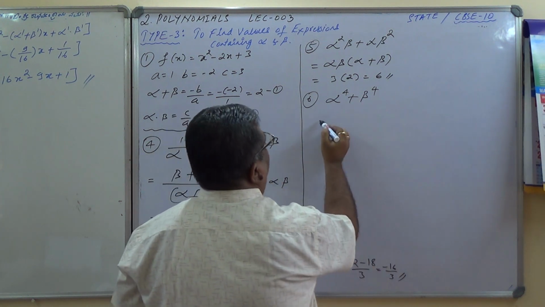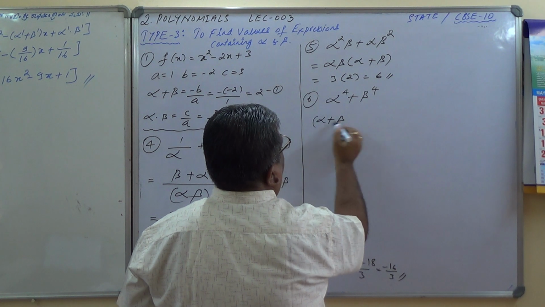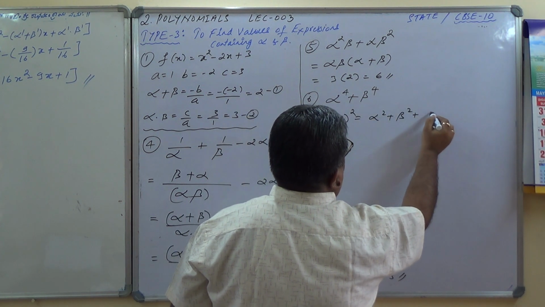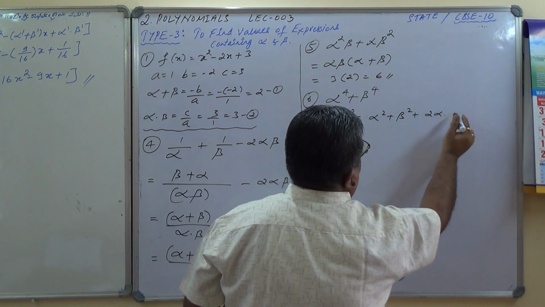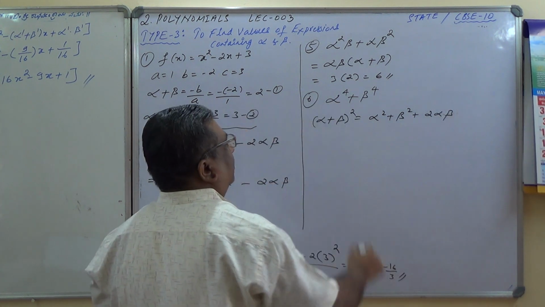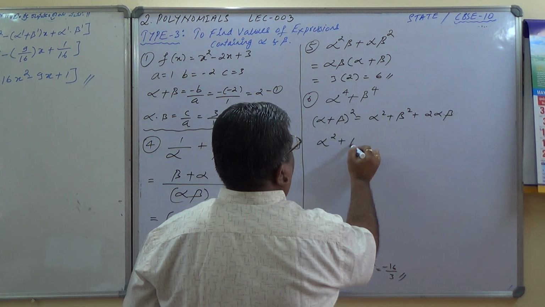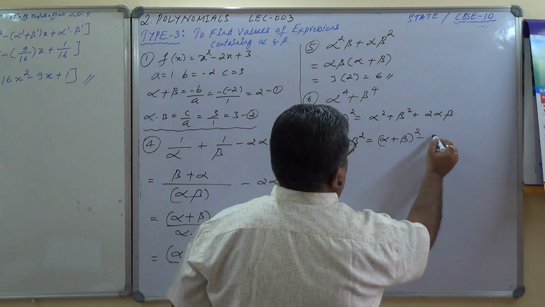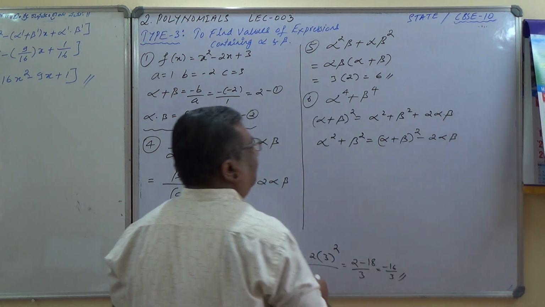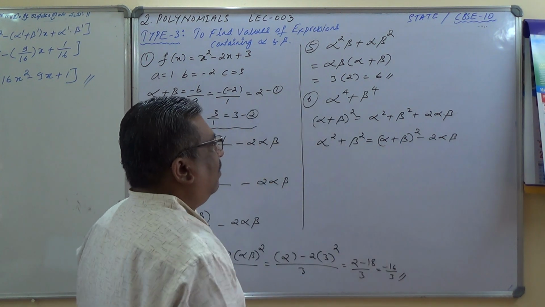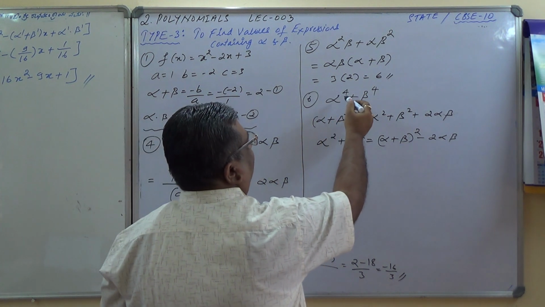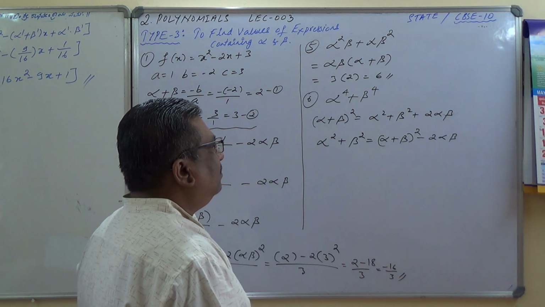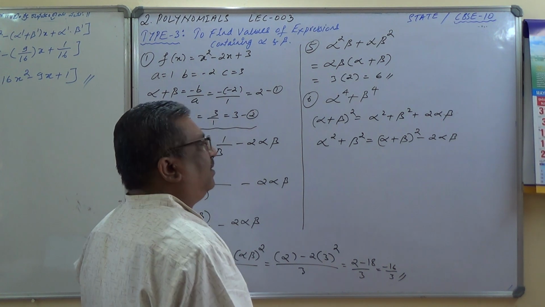See here, alpha plus beta, the whole square equals alpha square plus beta square plus 2 alpha into beta. Therefore, alpha square plus beta square equals alpha plus beta the whole square minus 2 alpha beta. But what we want is alpha to the power 4 plus beta to the power 4. So from where do you find that?